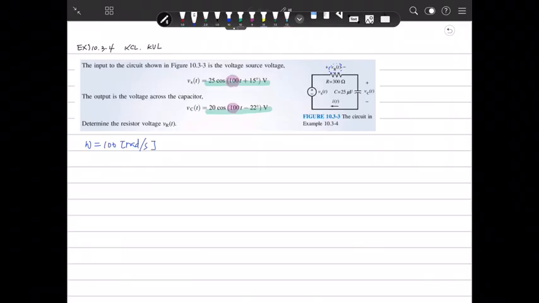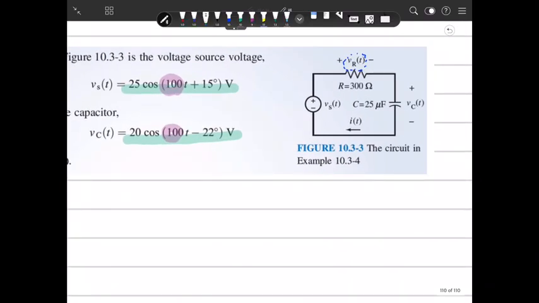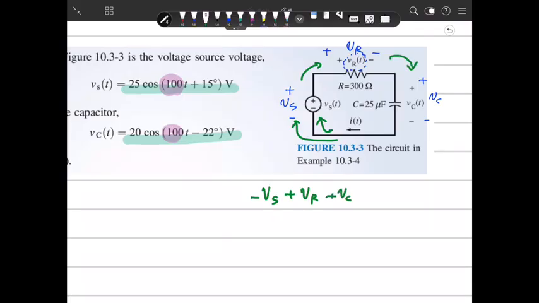So we can use KVL. How can we do that? I will define Vs, VL and VC, and start here. At first, minus Vs, then plus VL, then plus VC, and I'm back at the starting point.